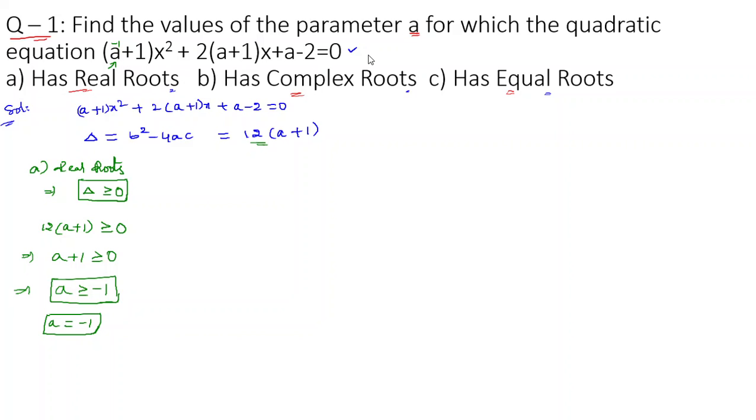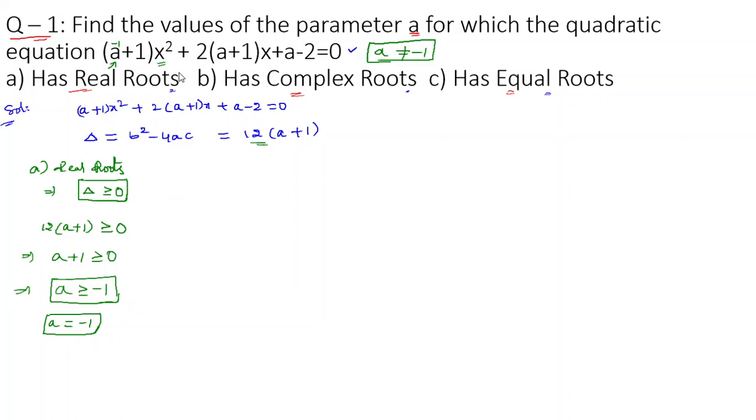So a must not be equal to minus 1 for the given quadratic equation to exist. If we substitute a is equal to minus 1, the given equation will stop being a quadratic equation because its x square term disappears. So by the definition of a quadratic equation, a must not be equal to minus 1.